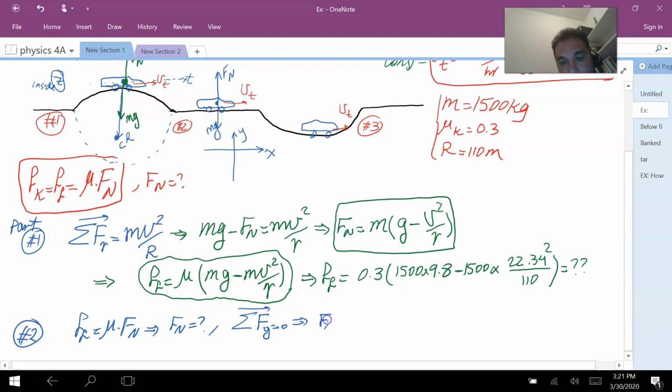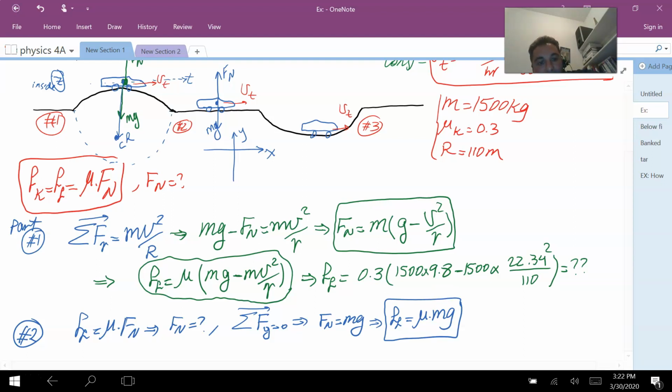So Fn is equal to mg. Then friction force is equal to mu mg. So this is my expression for friction force. Now if I substitute, it will be 0.3 times 1500 times 9.8. That will be the answer.